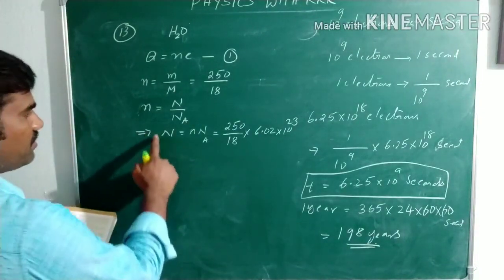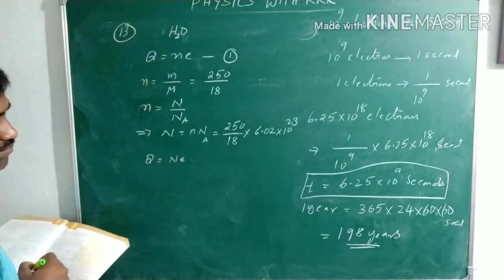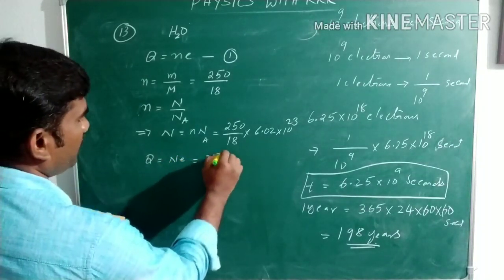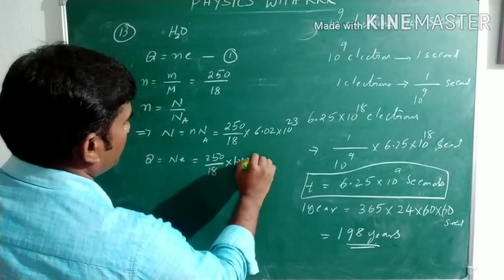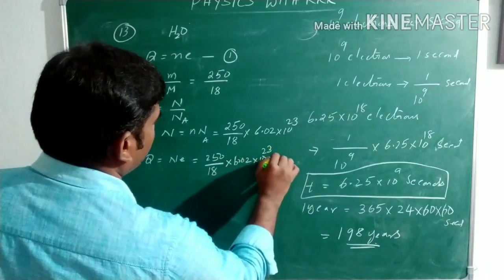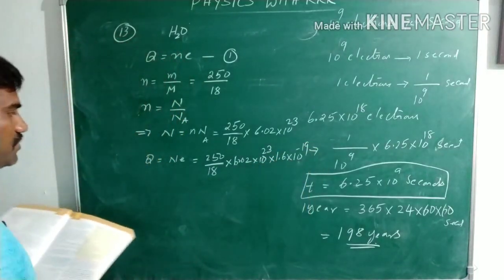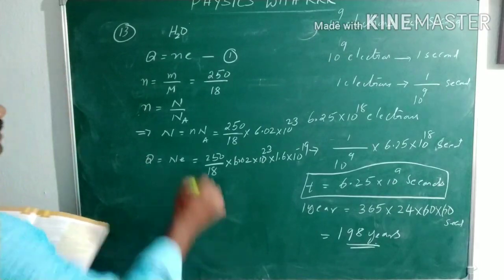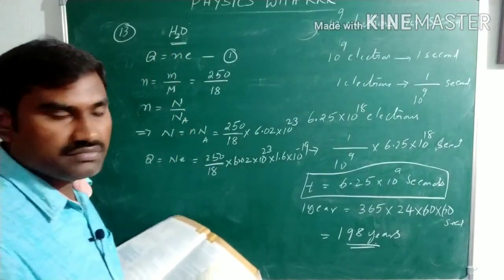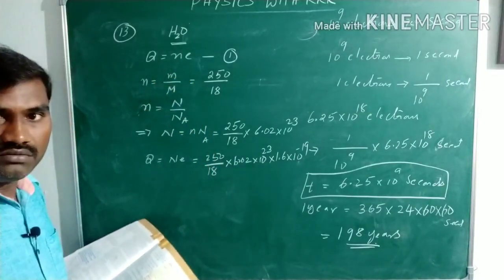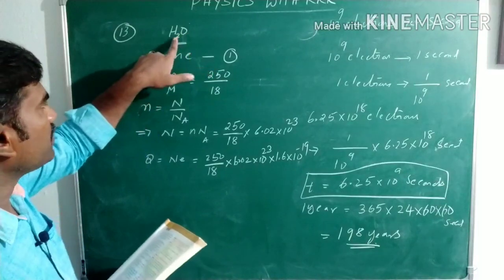Now charge is nothing but N into E, so Q is equal to N into E. This is 250 by 18 into 6.02 into 10 power of 23 into 1.6 into 10 power of minus 19. So this is the charge. But in the H2O molecule, there are 2 hydrogen atoms and 1 oxygen atom, so oxygen consists of 8 and hydrogen of 2.